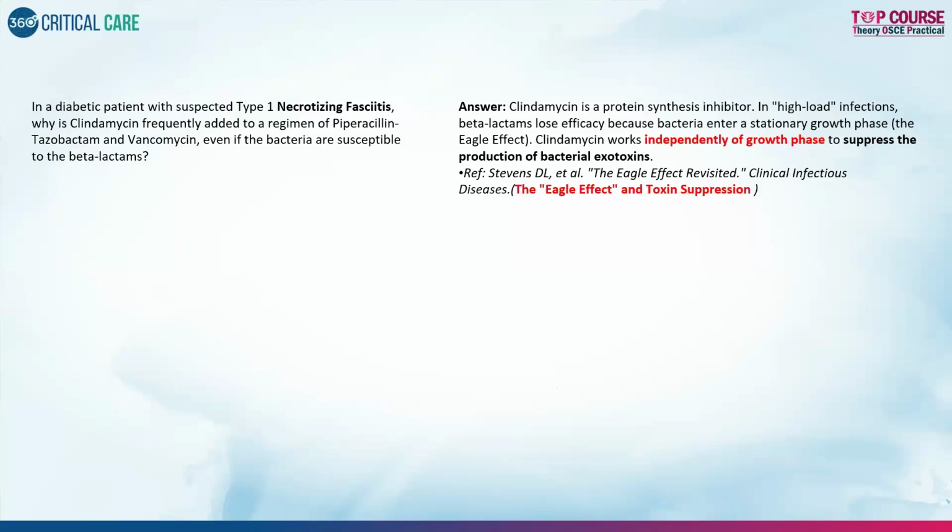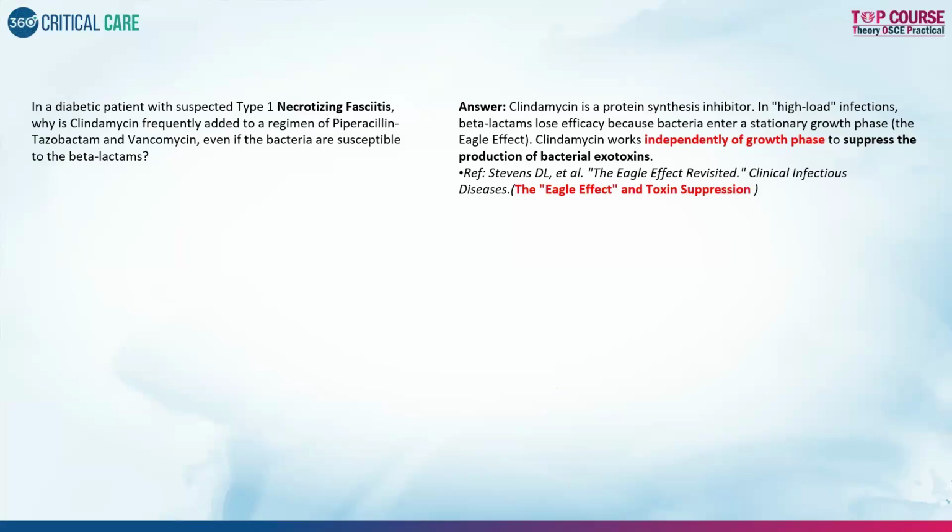It is just like going to battle, and the bacteria has become very smart here. Because of the use of BLBLIs, they go into a stationary growth phase. BLBLIs act only in the log phase, the multiplication phase, because they are cell wall synthesis inhibitors.